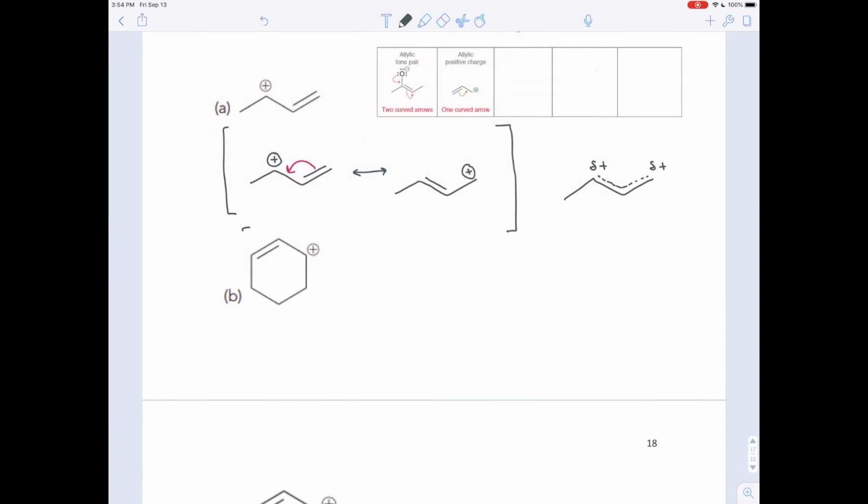So you'd draw those big brackets that let people know that this is not the true structure. The true structure is the average of this and another structure. And then draw in that special resonance arrow that tells people to take the average of these.